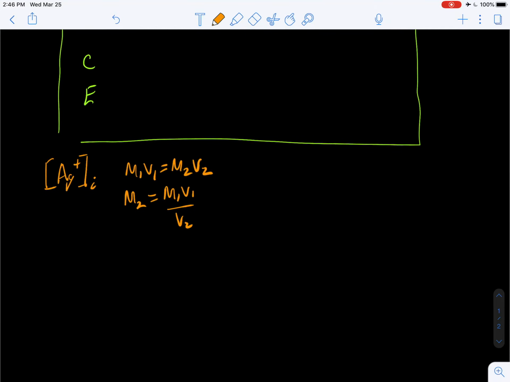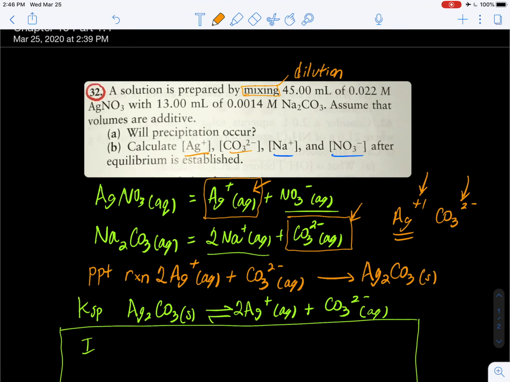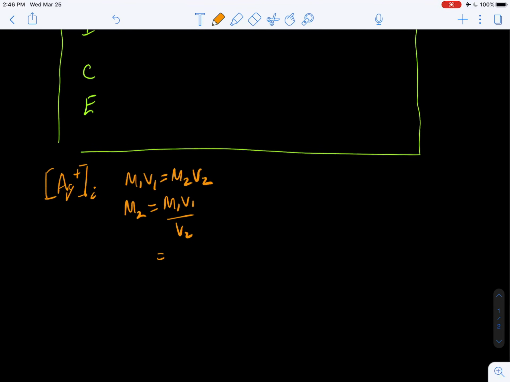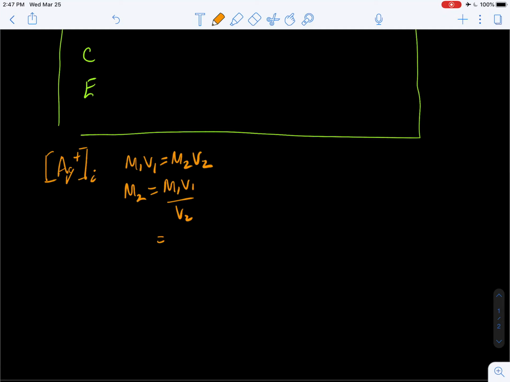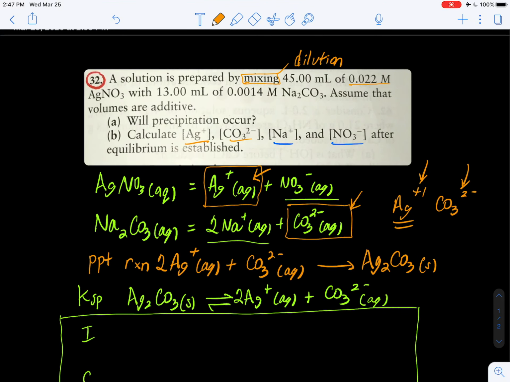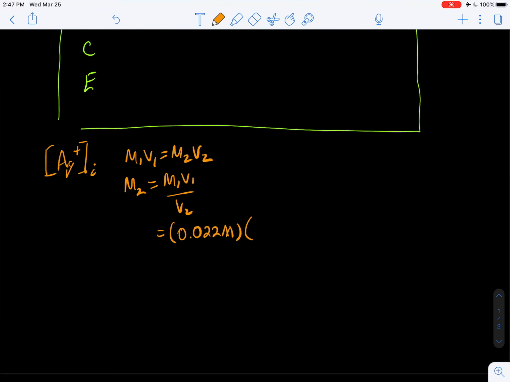Okay, and we want to plug in the initial molarity of silver nitrate. That's this quantity here, 0.022 molar. The volume of the silver nitrate is this quantity here, 45.00 milliliters.